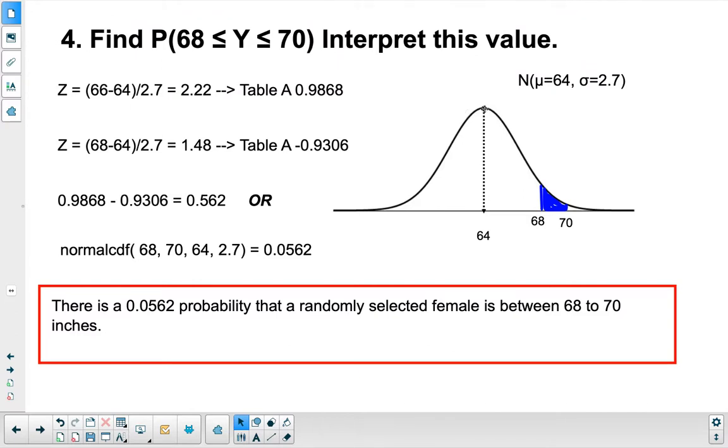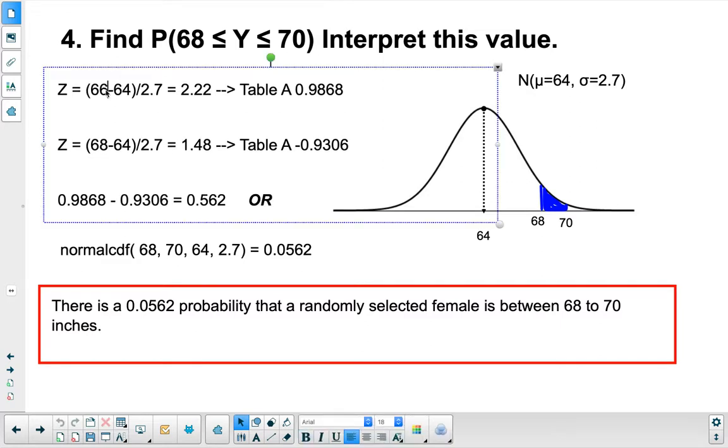So if you're going to find in between with the table, you turn both into z-scores, both 68 and 70. So this is a 70. Let me just make sure that's correct.